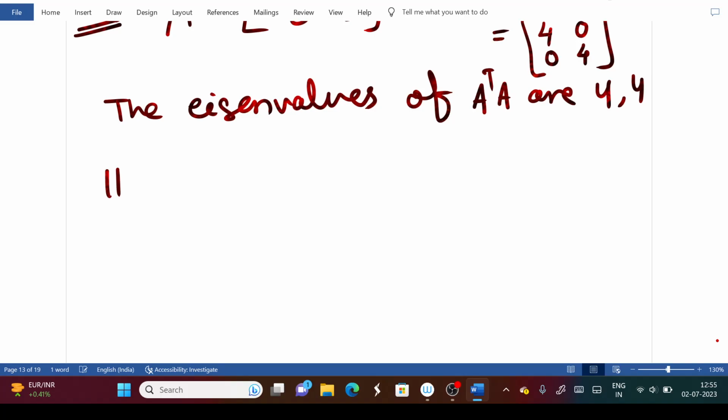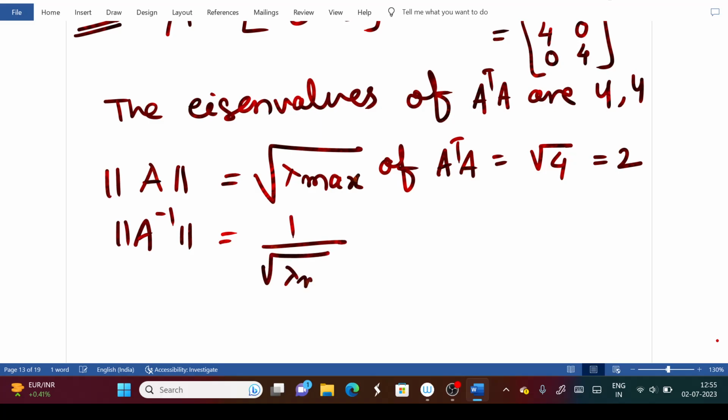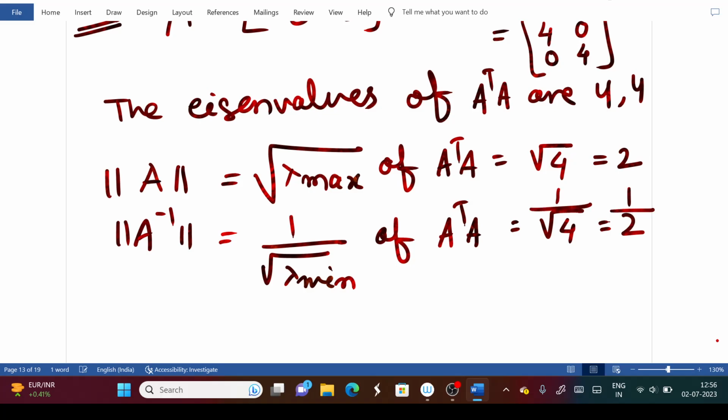So norm of A is equal to the square root of lambda max of A transpose A, which is equal to square root of 4, that is equal to 2. And norm of A inverse is equal to 1 upon the square root of lambda min of A transpose A, that is 1 upon square root of 4, that is 1 by 2.